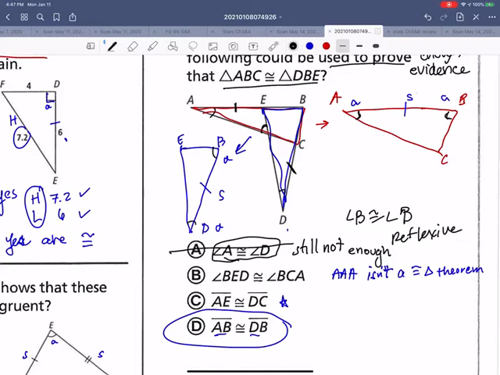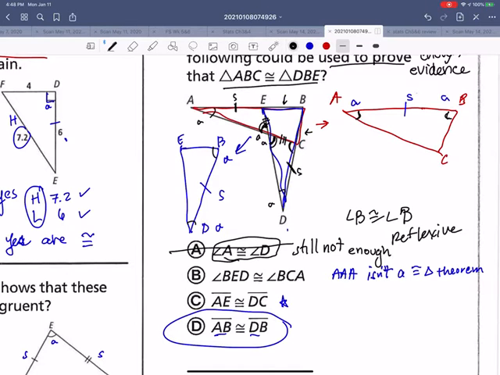Well, notice I have these two angles now are equal, which means this would spell angle, angle, side. Those are equal because they're vertical. And now, because of corresponding parts of congruent triangles, this length and this length would be equal. And I still don't know if I get over here enough to be able to say that this and this would be equal.